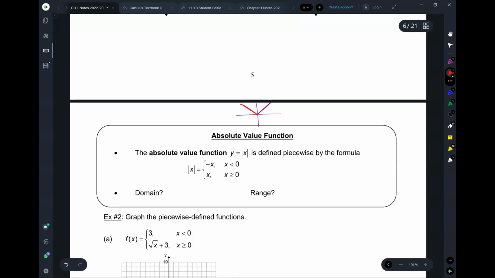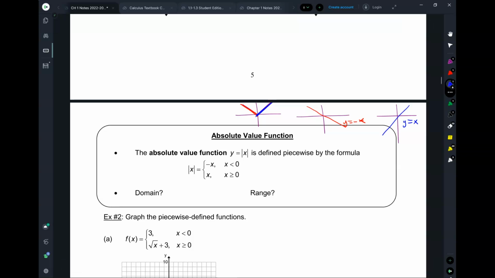if you just take this, that looks like this graph, which is y equals negative x. But that happens for all the x's less than 0. So it's like negative x for all the x's less than 0. Then if you look at this, that looks like this graph, y equals x.